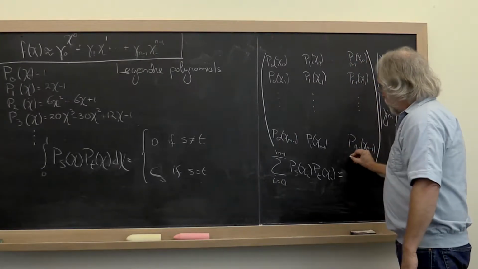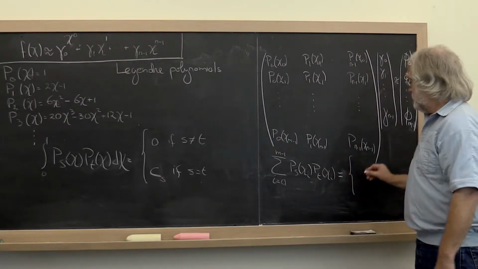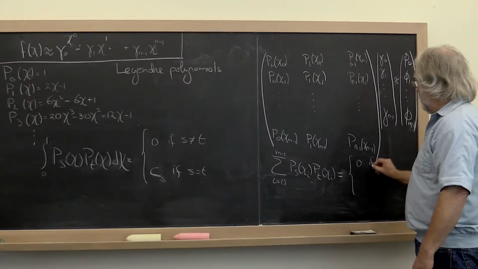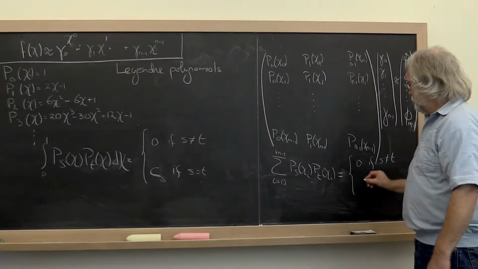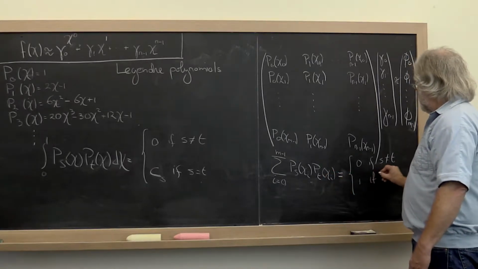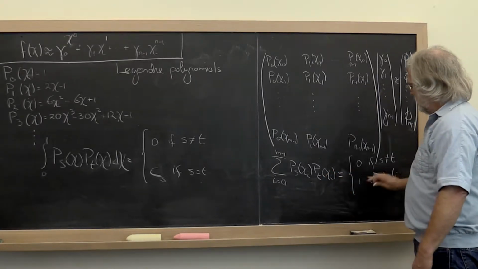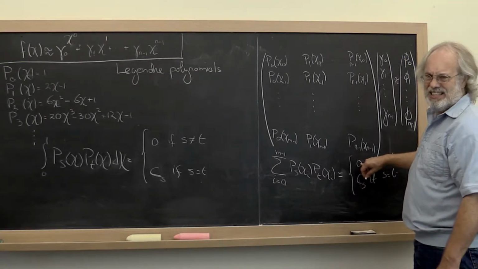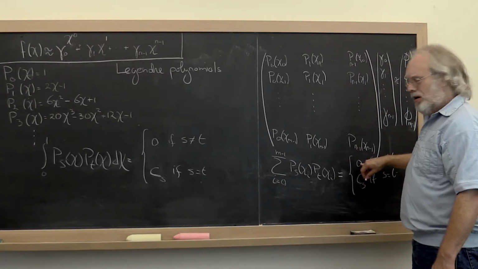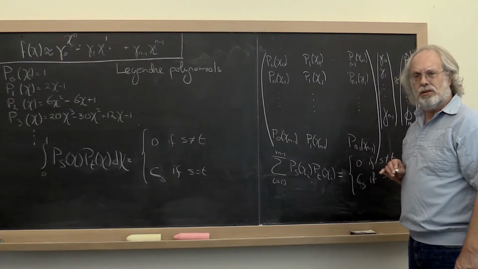So, what we would hope is that this too is equal to 0 if s is not equal to t, and equal to 1 if s is equal to t. Well, not 1, but some constant. Now, it turns out that this isn't exactly 0 typically, but it ends up being approximately 0.